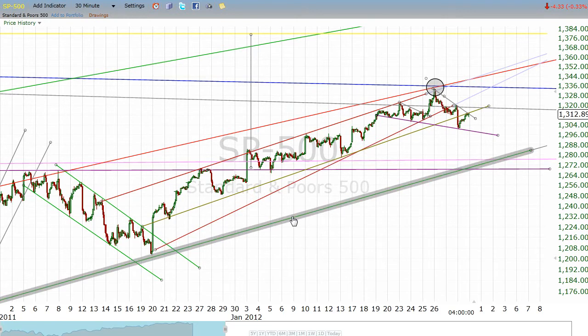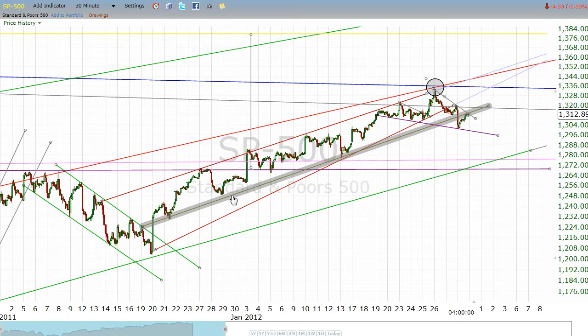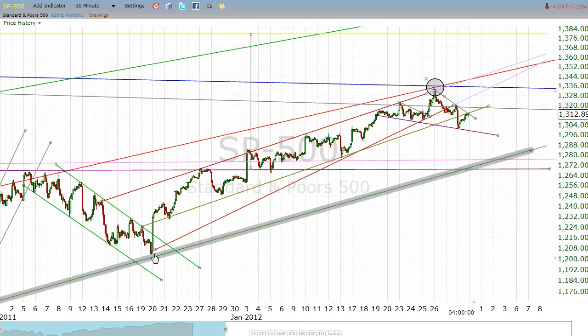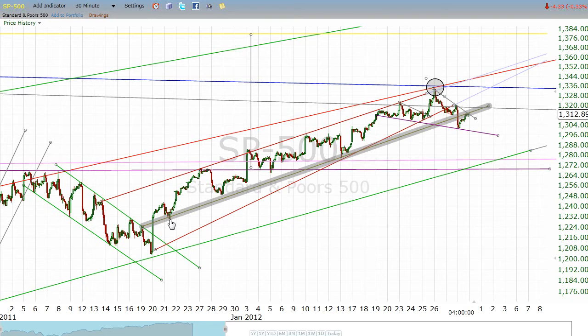The other possibility was a rising channel, and that channel has its starting point not at this bottom back on the 19th, but rather the low of the 21st. And you could see how the S&P really did stay within that channel for quite a while.